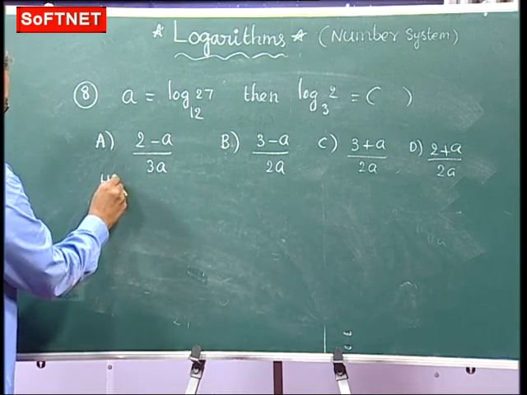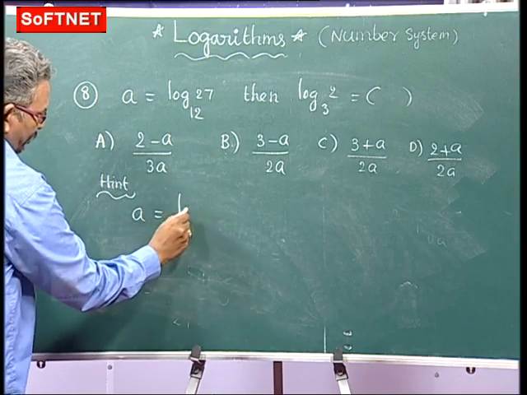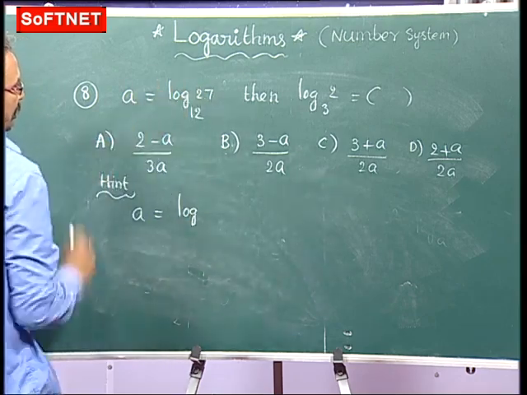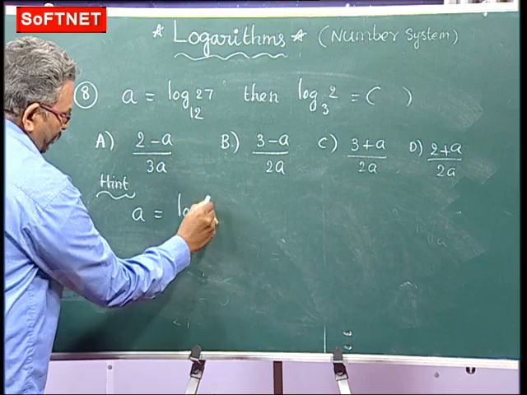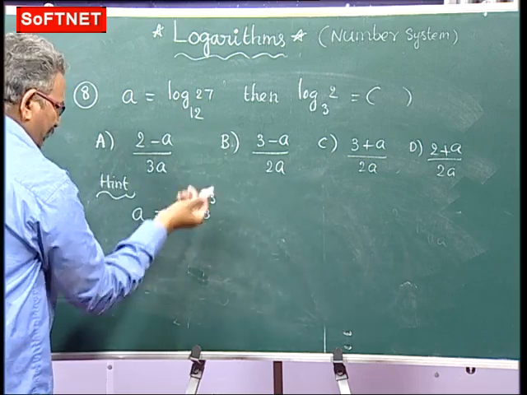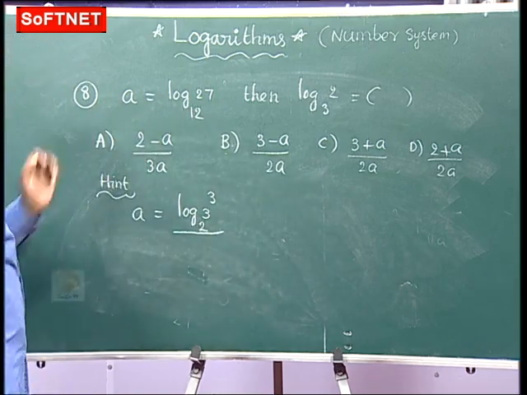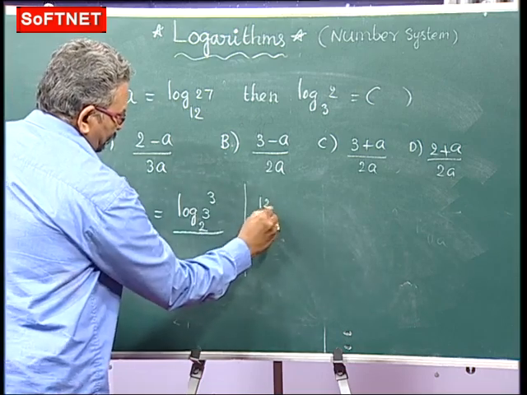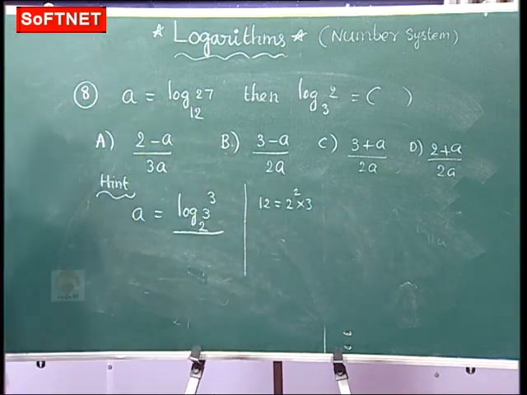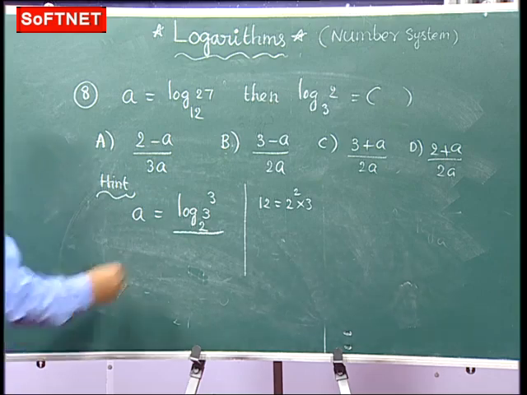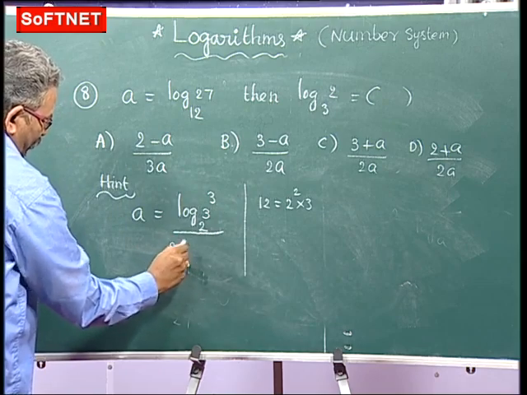Here a is equal to, this 27 can be written as 3 cube, base 2. Anything we can write, base 2. This 12, we can write 2 square into 3, 4 into 3, 12.